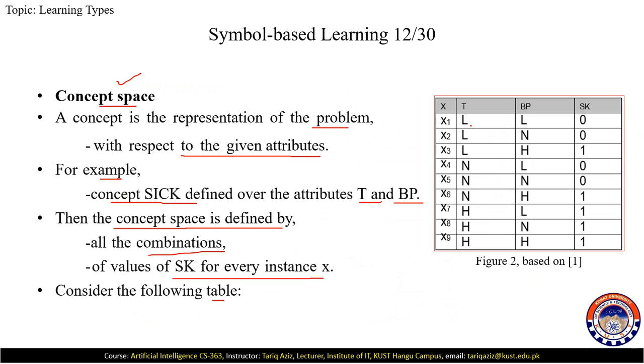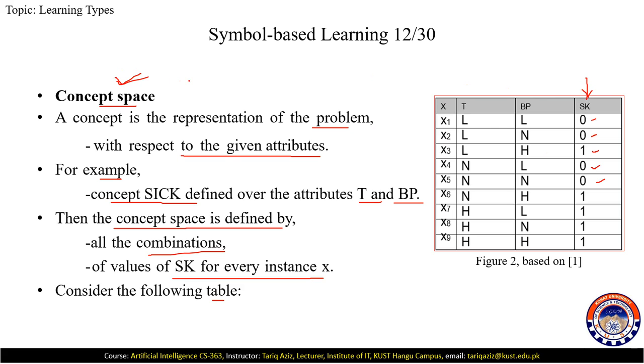So if temperature is low, BP is low, then the person is not sick. If temperature is low, BP is normal, then he is not sick. If temperature is low, BP is high, then he is sick. So all of these entries are with respect to these two attributes. So this is the concept space. This whole column sick is known as the concept space.